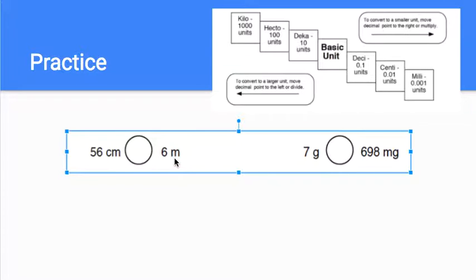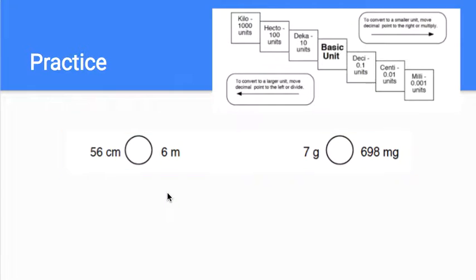I always think it's easier to go to the smaller ones because I know that there's 100 centimeters in a meter, so there would have to be 600 centimeters in 6 meters. That's 600 centimeters, and I know that that's bigger than my 56 centimeters. So my answer is the less than symbol. 56 is less than 600.